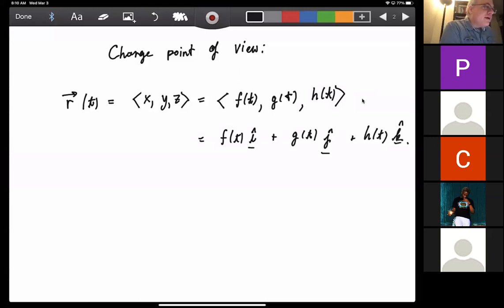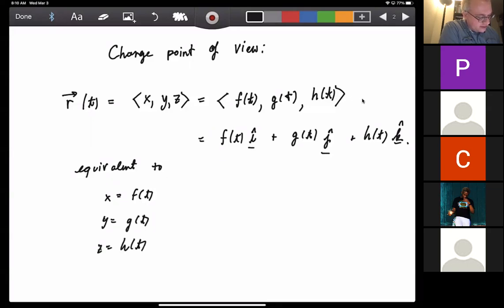And this is equivalent to saying x is equal to f of t, y is equal to g of t, z is equal to h of t.